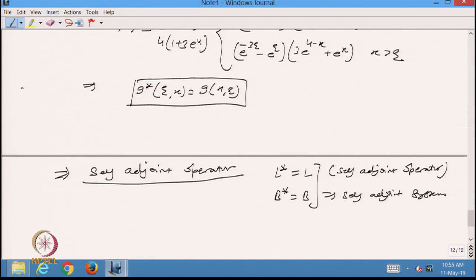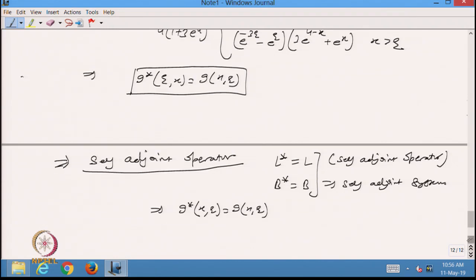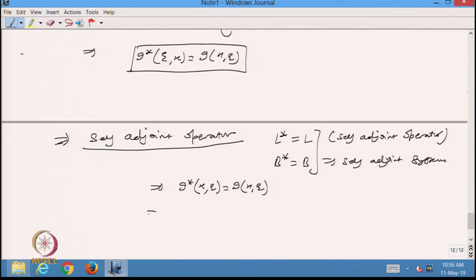So, in this case what will happen? If I have a self-adjoint operator, then we can say that my G star, the corresponding green function of the L star, will be G. By the relations we know for the green function of the adjoint operator and the operator, my G star x xi is equal to G of xi x.